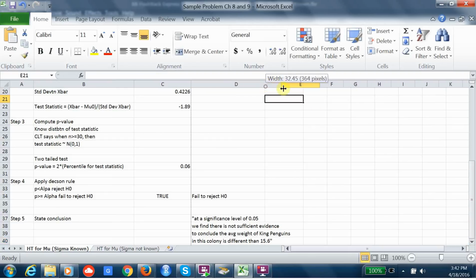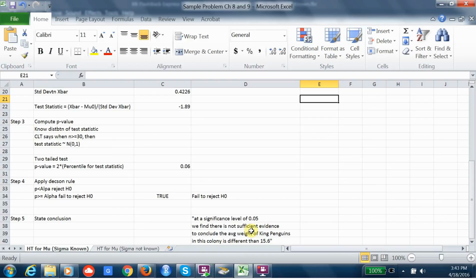So we're saying that we fail to reject. In other words, we say there's not sufficient evidence to conclude that the alternative is true, and the alternative is that it's different. This is similar again to a court trial where when the prosecution loses, right, that's when people don't believe H1, the alternative hypothesis.